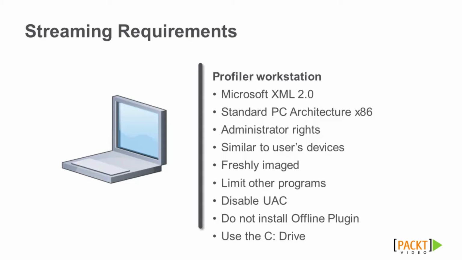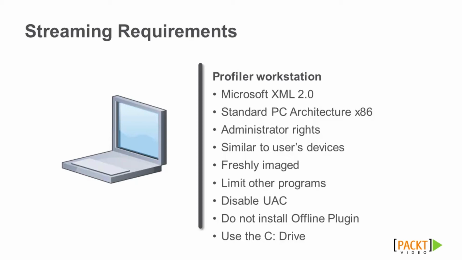So use these guidelines. Choose a workstation that is similar in platform to your users' devices. Use a computer that is freshly re-imaged so that there are no hidden files or registry settings for applications that you intend to profile. Install only the standard programs that are part of the company image, such as an antivirus program.